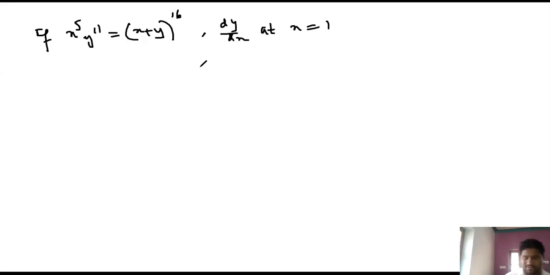So what is the value of dy by dx at x equal to 1? dy by dx is y by x. Then put x equal to 1. If x equal to 1, then what is y? Put x equal to 1, we have to solve for y.